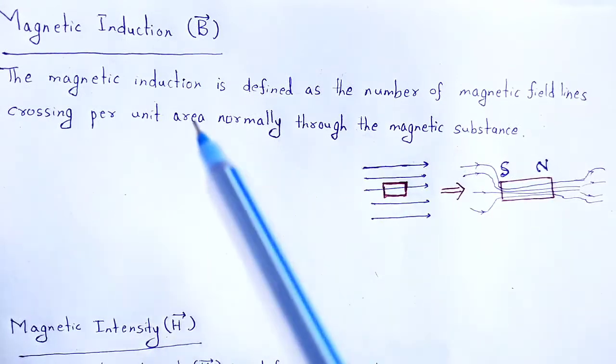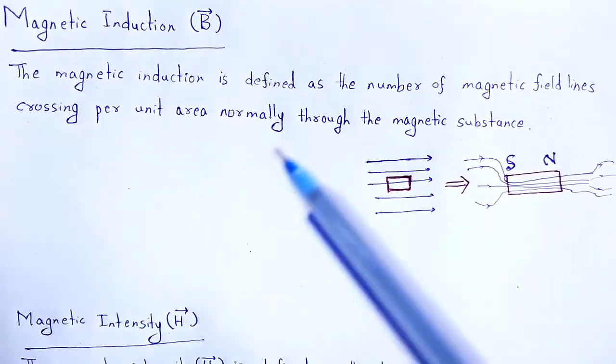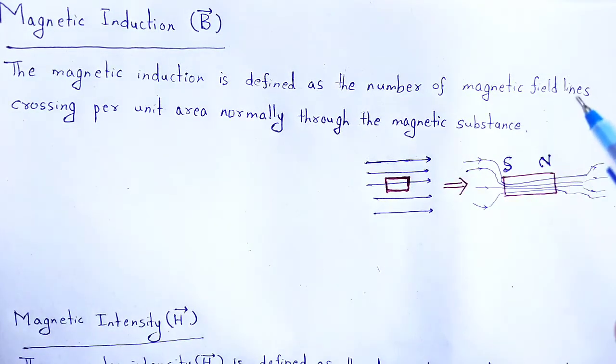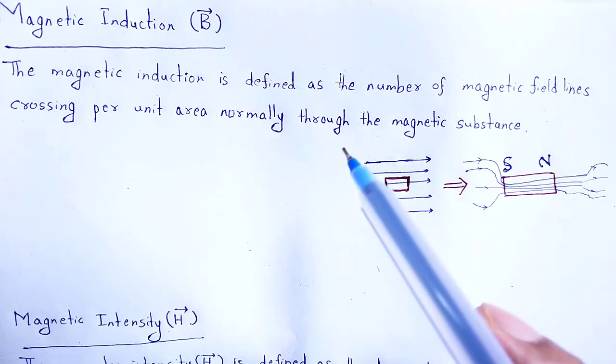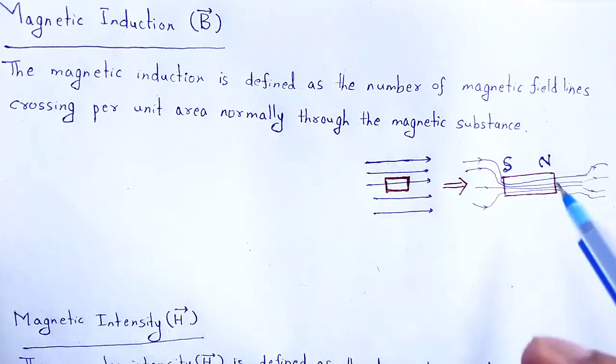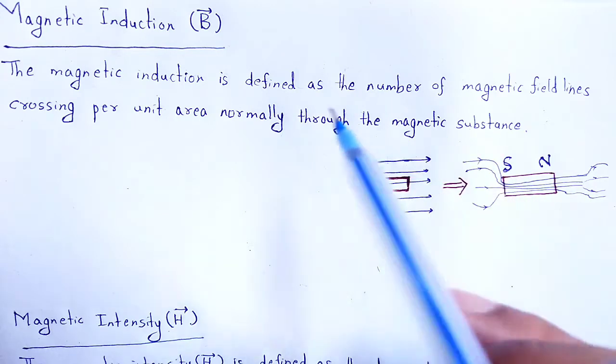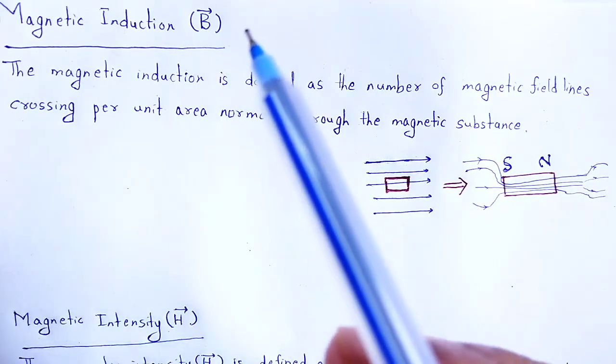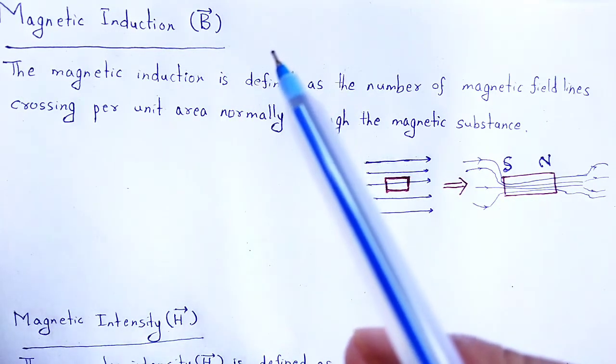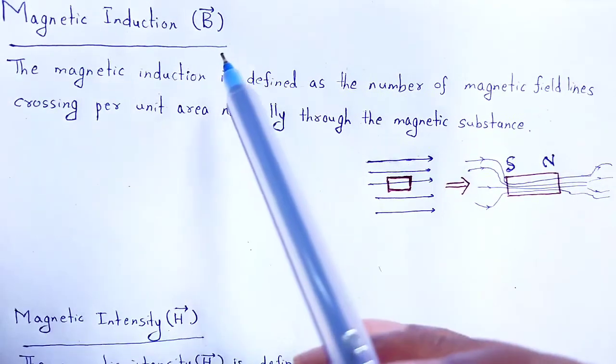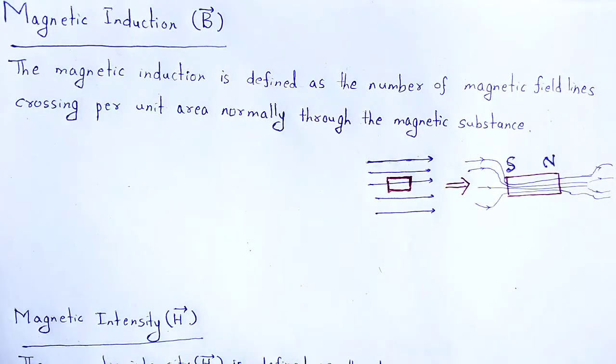Thus, magnetic induction is defined as the number of magnetic lines crossing per unit area normally through that magnetic substance, and it is denoted by B vector.